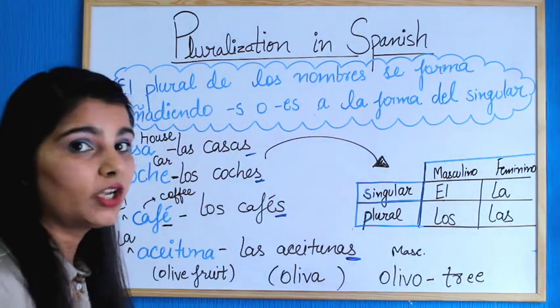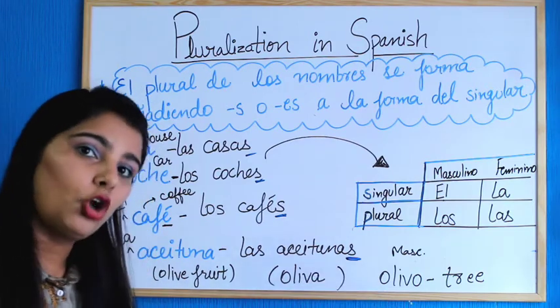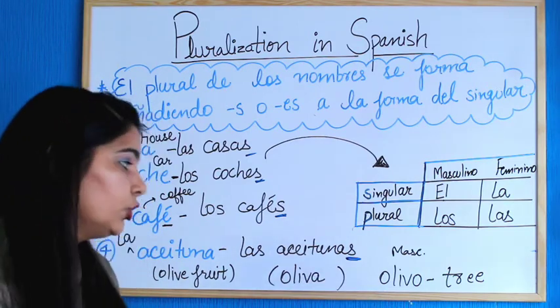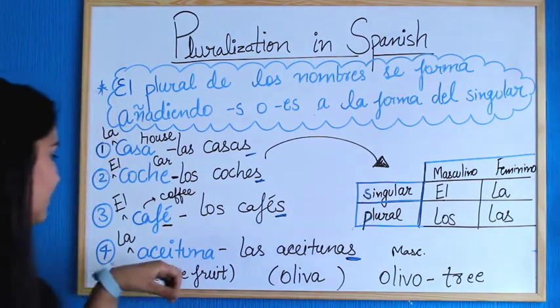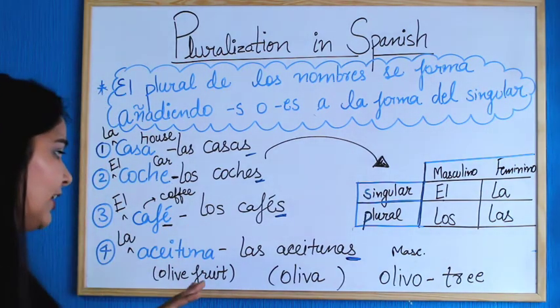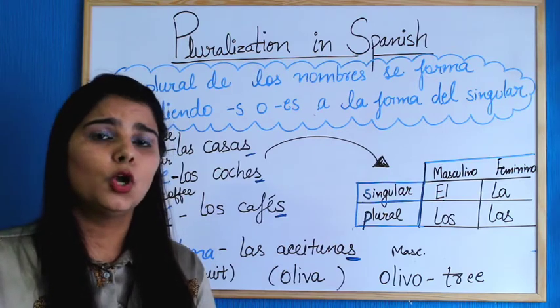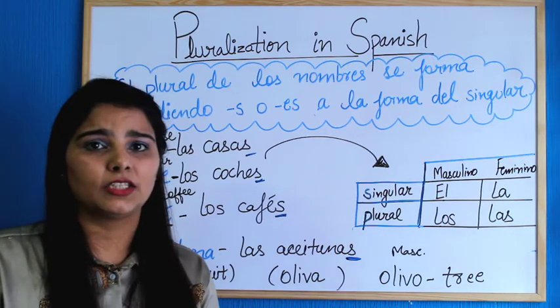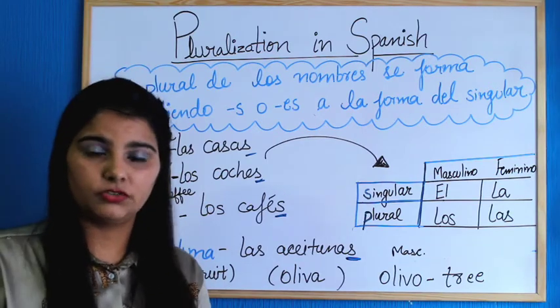So if you're talking about the olive tree, you would say el olivo. If you're talking about the olive fruit, you can say la oliva, but it's more common to say la aceituna. And I think in Latin America as well, both versions work really well. People would understand if you go to a store and ask for aceituna or la oliva. Both of them function really well.